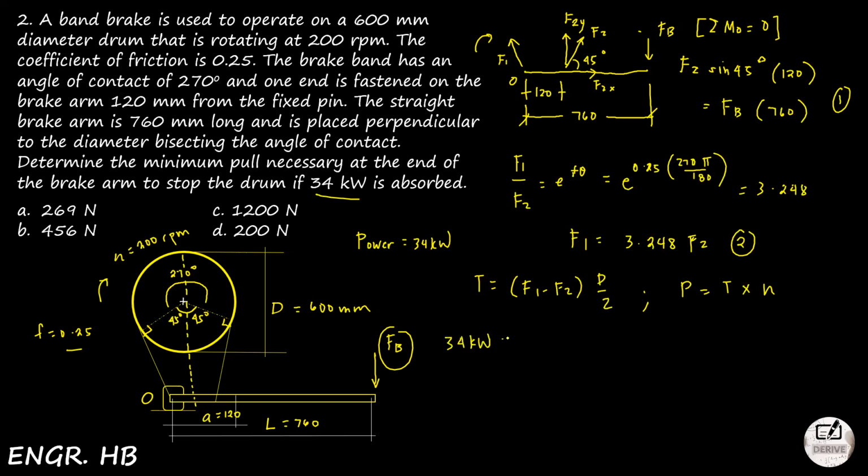So that will become 34 kilowatts is equal to torque times the RPM of 200, divided by some constant. Na-review na natin yan dati. That was 9.549 times 10 raised to 6. And ang sagot nating torque dito is in Newton mm. So our torque will be 34 times 9.549 times 10 raised to 6 divided by 200.